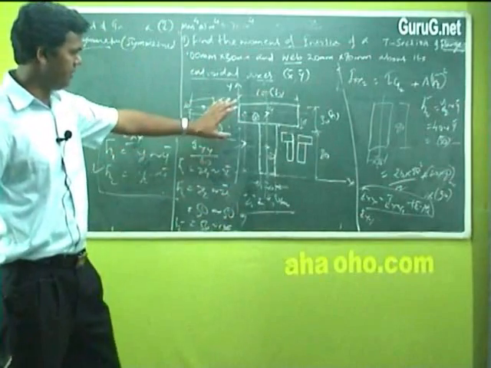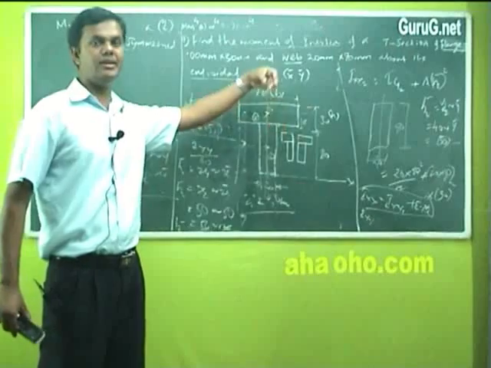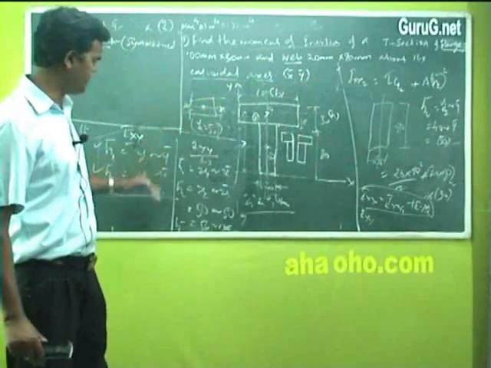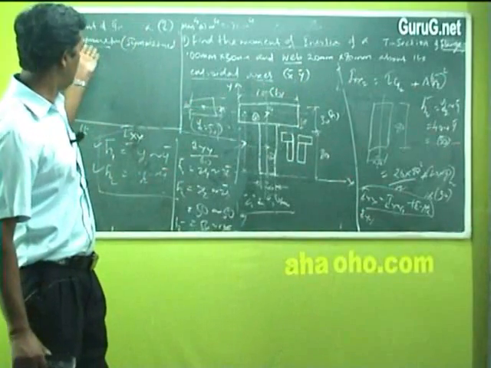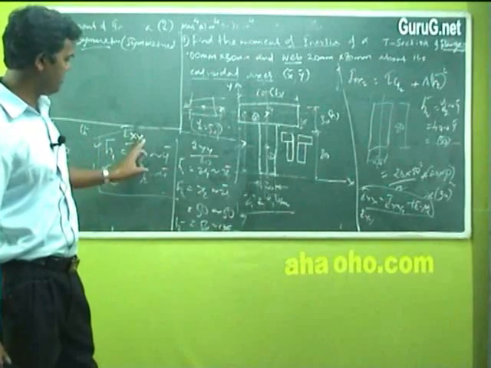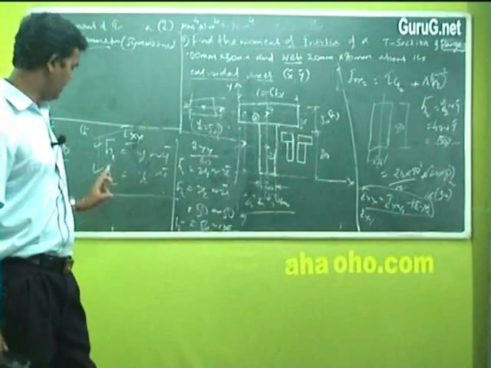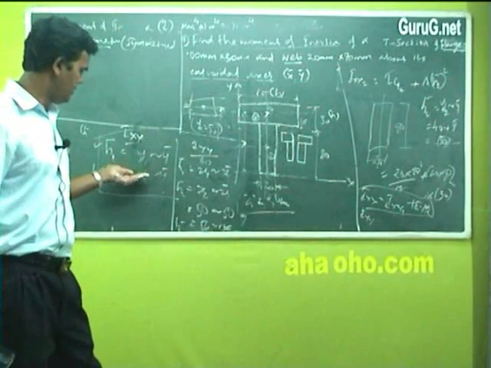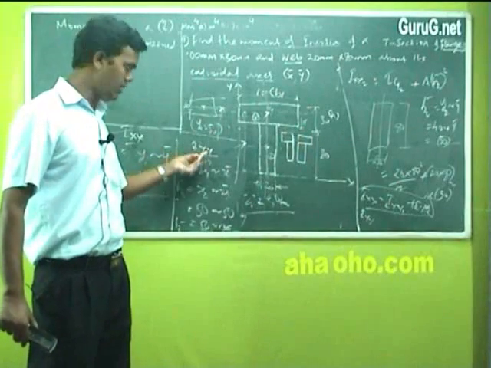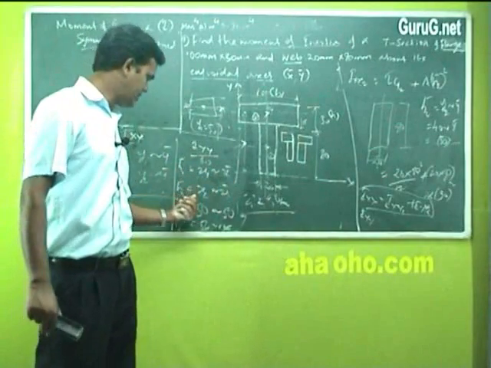So if the sketch is symmetry about some axis, you can directly write either it is x bar or y bar, depending on what axis it is symmetry. You go for moment of inertia using the formulas. And h1 and h2, kindly remember, h1 is y1 difference y bar, h2 is the same thing, y2 difference y bar. And when finding Iyy, h is found by x1 difference x bar, x2 difference x bar.